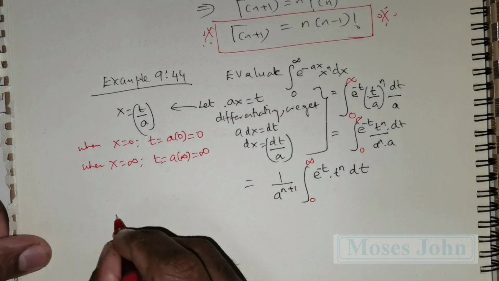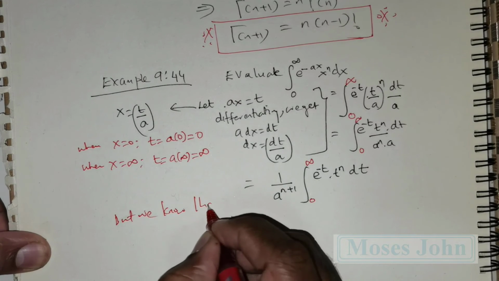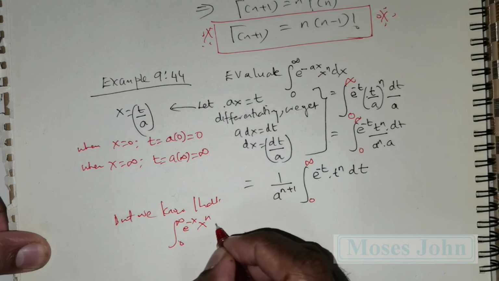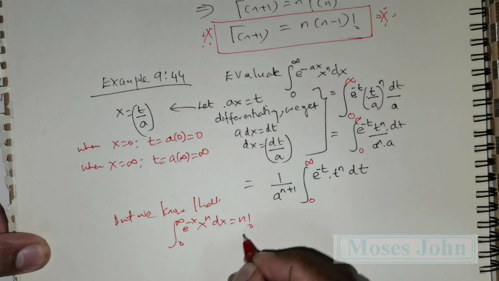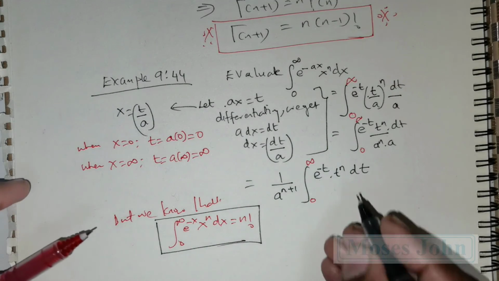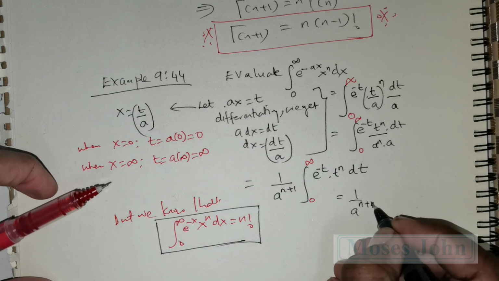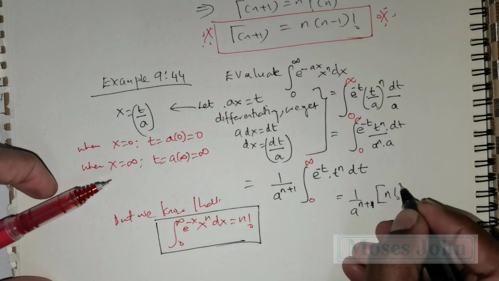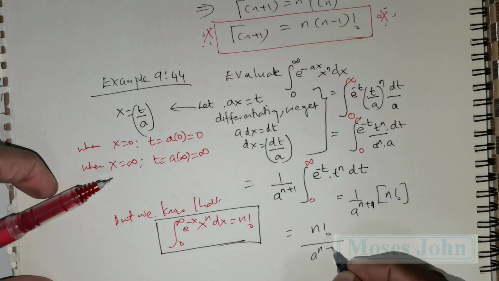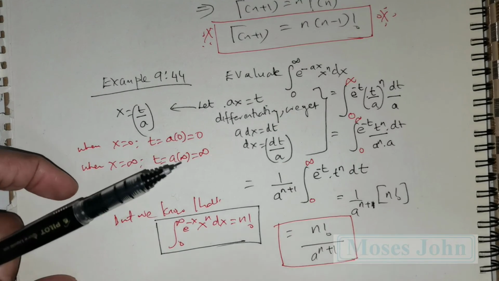We know that the integral from 0 to infinity of e power negative x times x power n dx is equal to n factorial. We studied that in the previous problem. So this would imply 1 over a raised to the power n plus 1 times n factorial, which can be rewritten as n factorial divided by a raised to the power n plus 1, which is the final answer to the question.